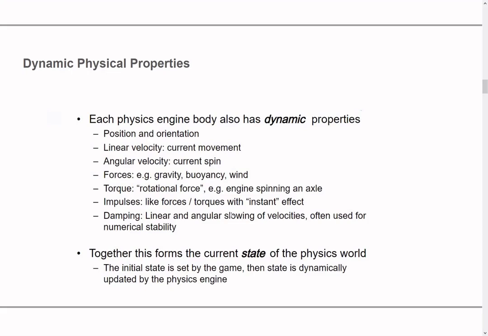The static properties and the dynamic properties together form the current state of the physics world. The initial state is set by the game. Then the state dynamically updates, and it is updated by the physics engine.